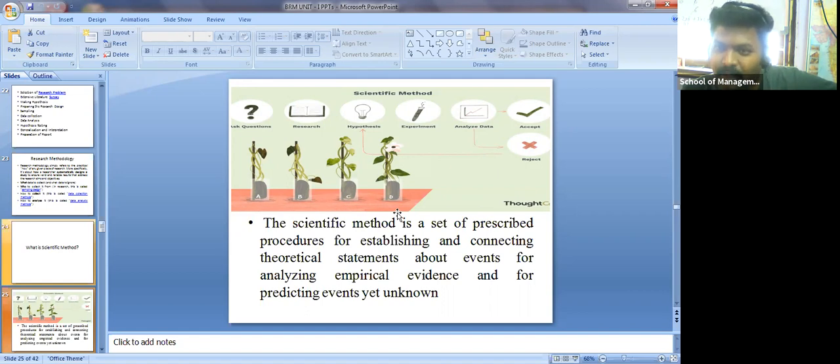And in C, give everything required to grow: water, sunlight, and other things. Can anyone tell me which plant will grow? Is it A or B or C?